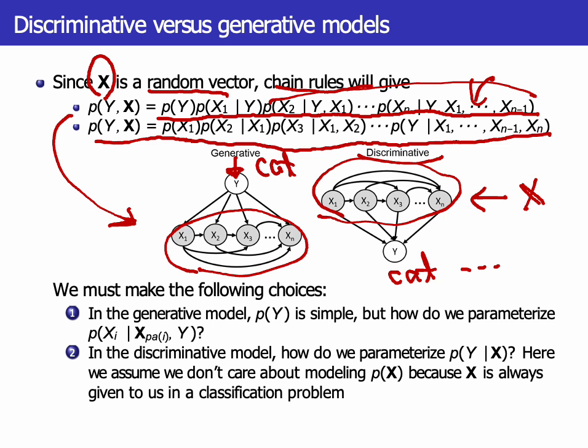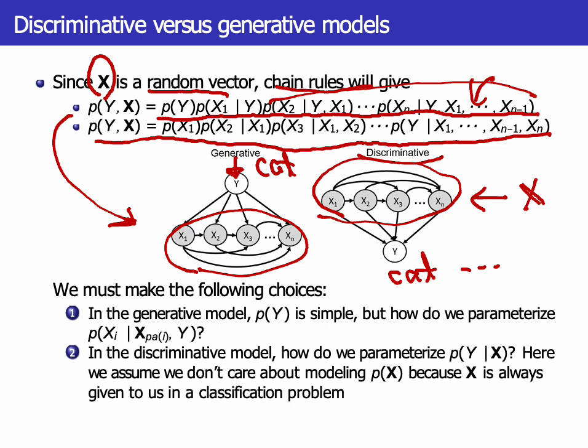So we must make the following choices. In the generative model, p(y) is simple, but how do we parameterize p(x|y)?